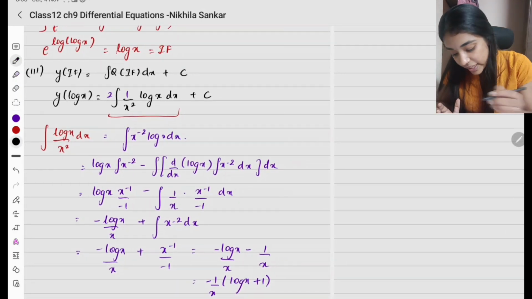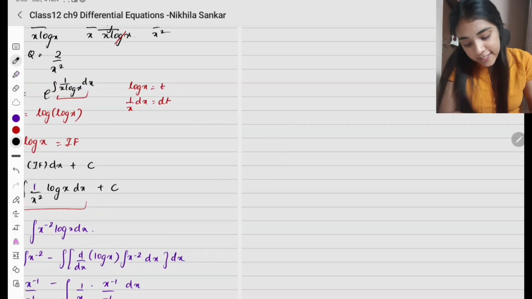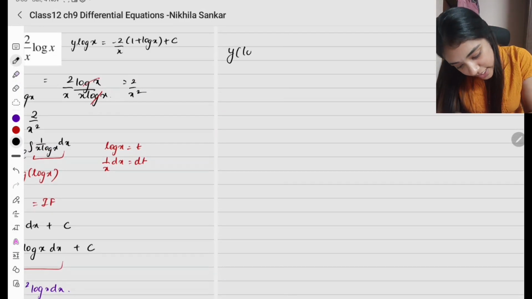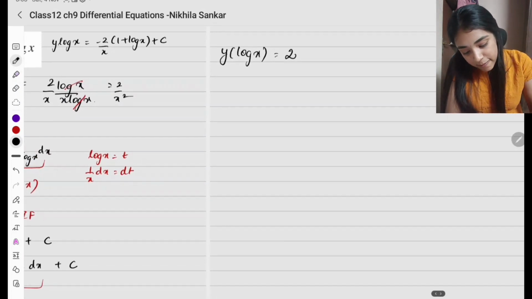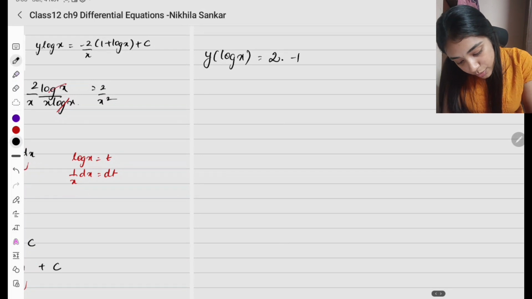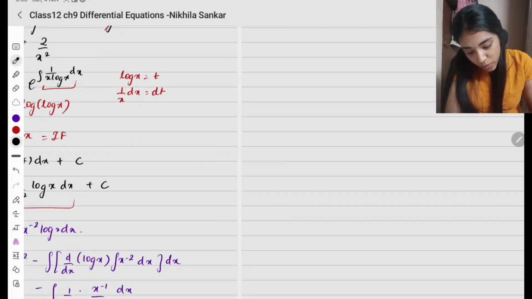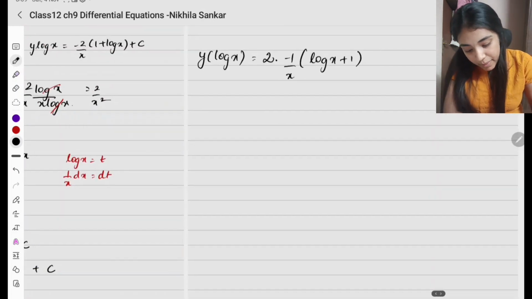Now how can we write the final answer further? Y times log x. So I have y times log x. Remember there is a 2. 2 into, what answer did we get? Minus 1 by x. 2 into minus 1 by x times log x plus 1, plus c.